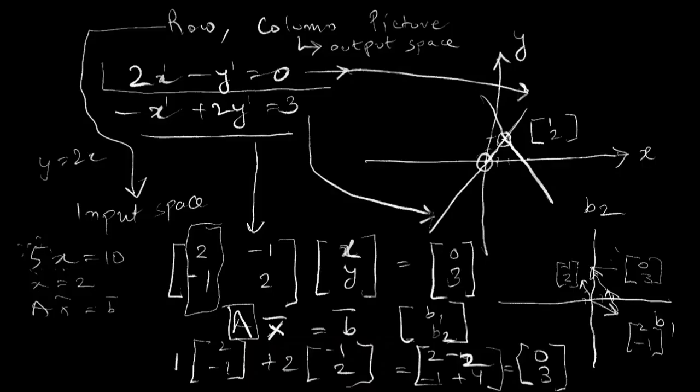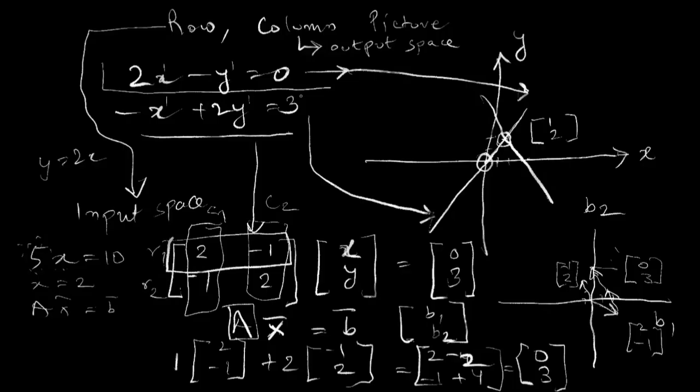Now I want to cover one more thing in this input space, this first example. This is our row vector. Like this was column 1, this was column 2, similarly this one is row 1 and this one is row 2. Now this row 1, (2, -1), is actually not representing this line.